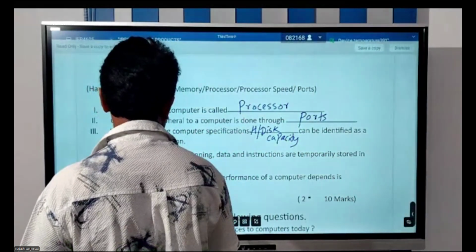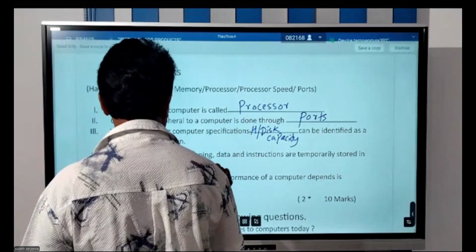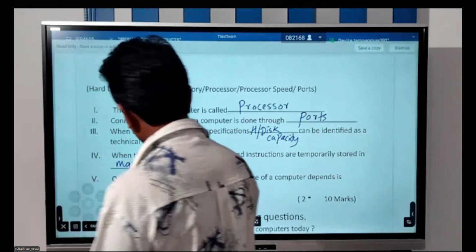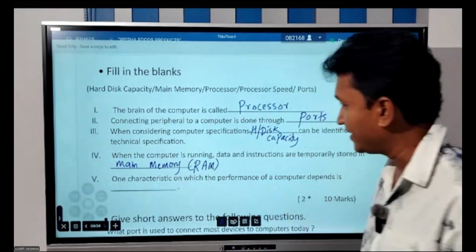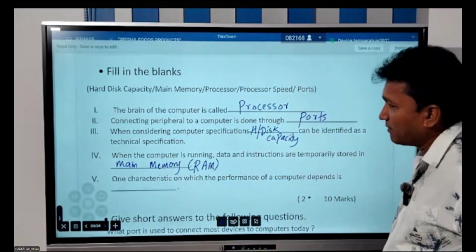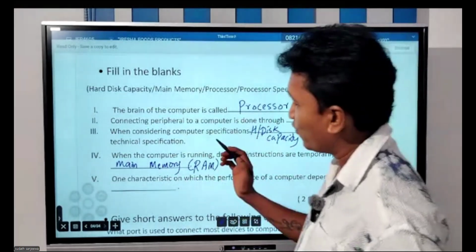Right? Random access memory. One characteristic on which the performance of a computer depends, performance is depending on what? Which characteristic?